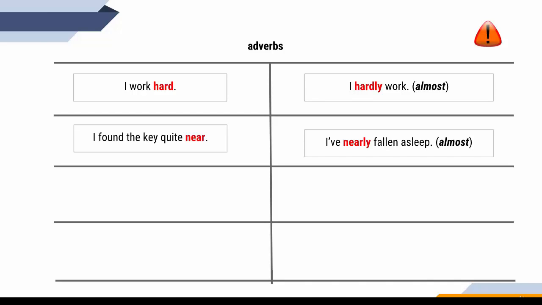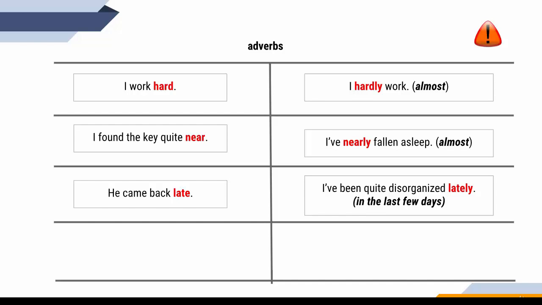One more. I found the key quite near. Okay? I've nearly fallen asleep. I've almost fallen asleep. I'm on the way to go to sleep. Near, nearly. Both of these are adverbs with completely different meaning. He came back late.